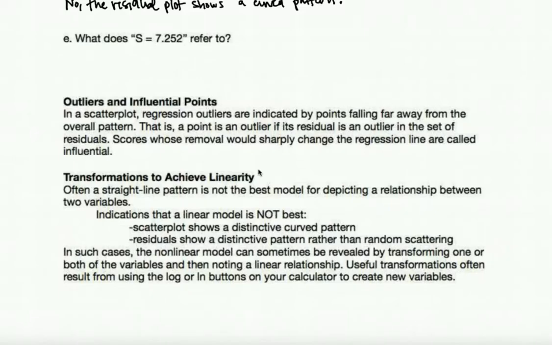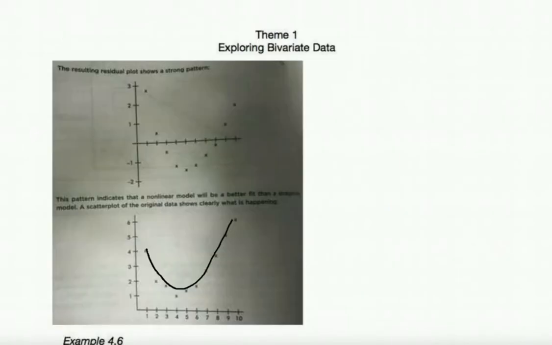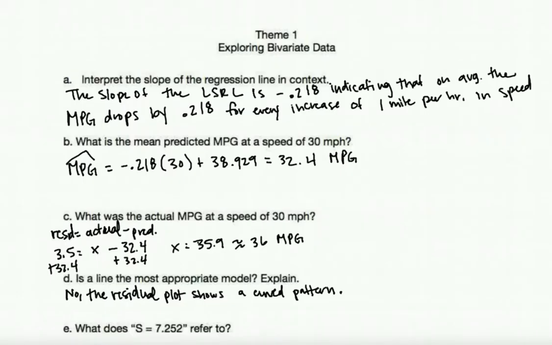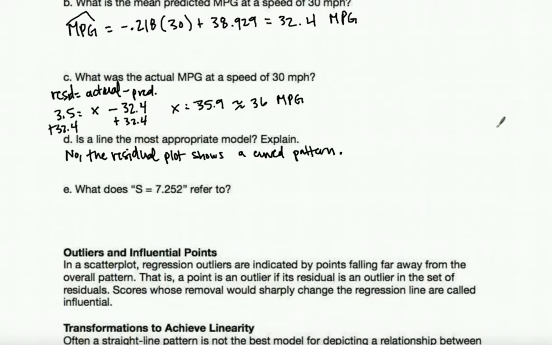All right, E says, what does S equals 7.252 refer to? So if we go back and look at our computer output and find S equals 7.252, that's here, we've got to be able to interpret what that value stands for.